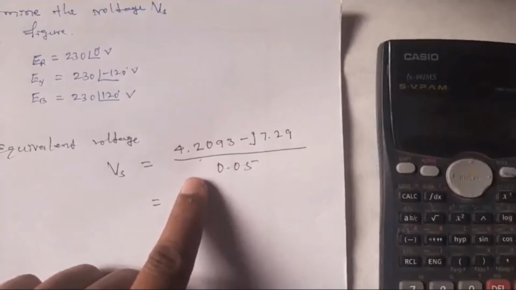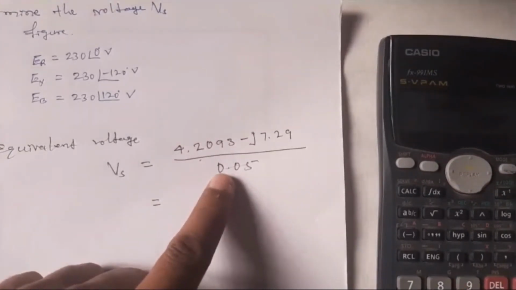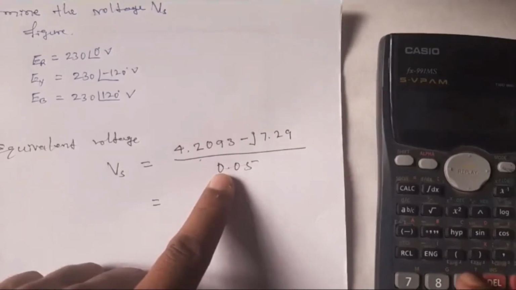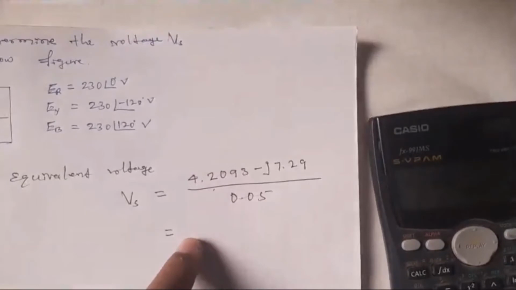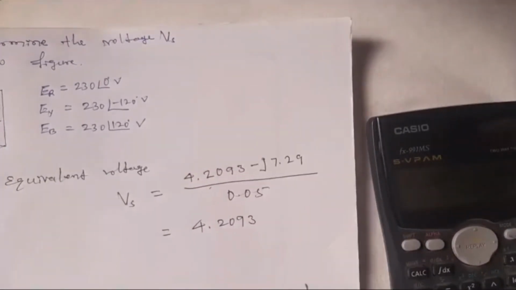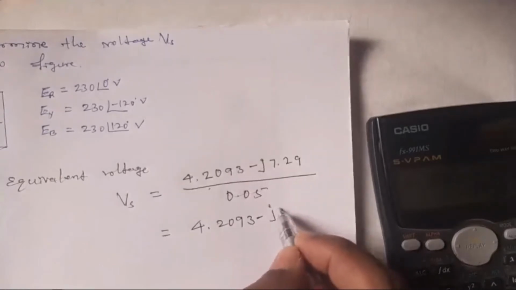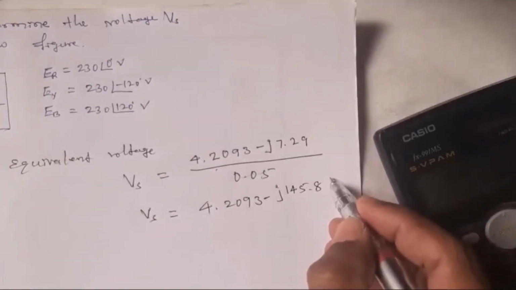It is 4.2093 minus j7.29 divided by 0.05, the answer is equal to 4.2093 minus j145.8. This is Vs. It is volts.